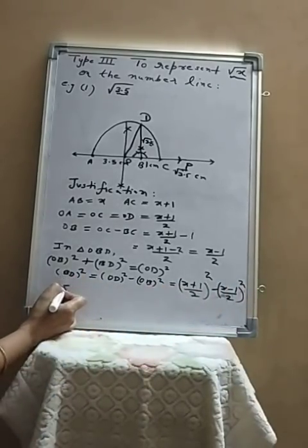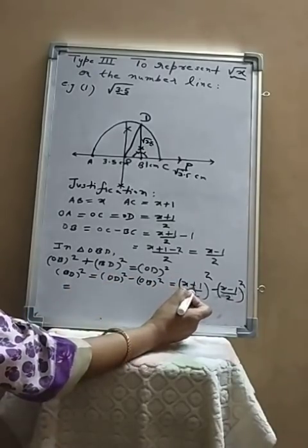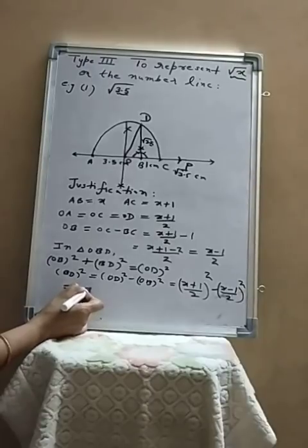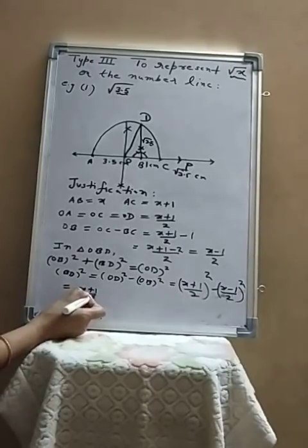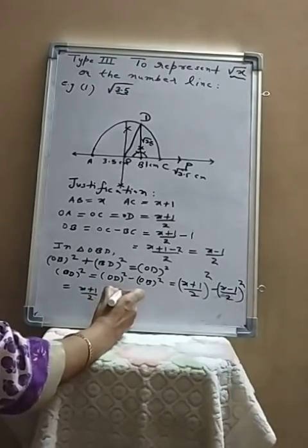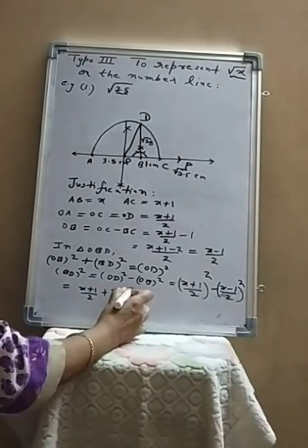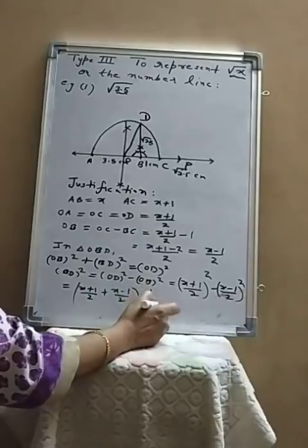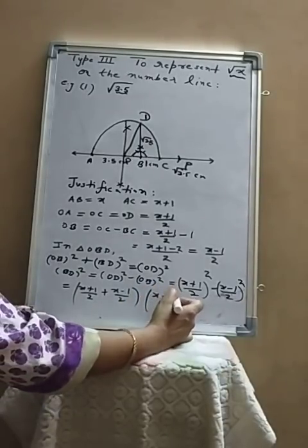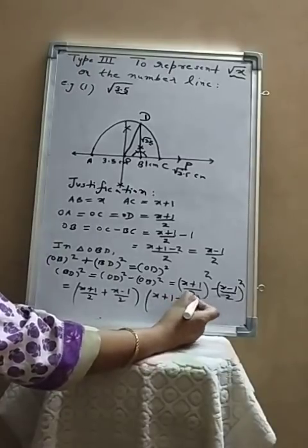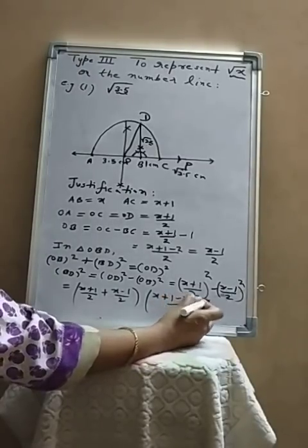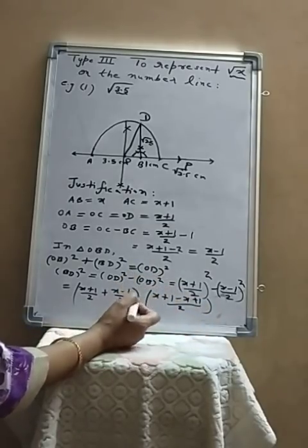For further calculations, I can apply the identity a square minus b square is (a plus b) and (a minus b). This sign will get changed, so this is a plus b. 2 I can take common also.